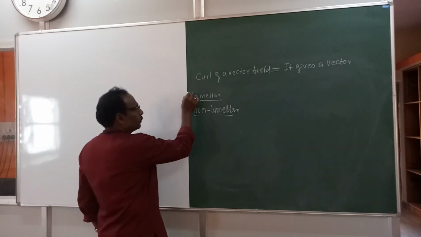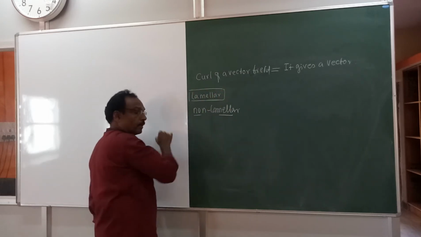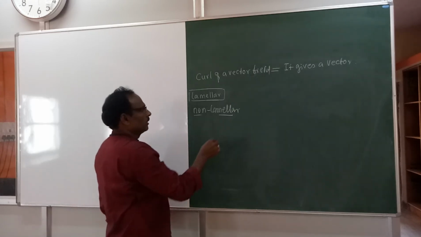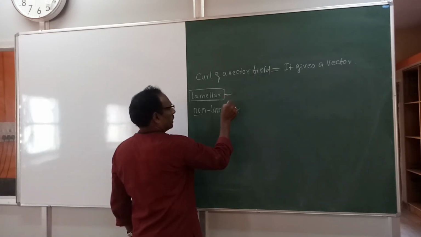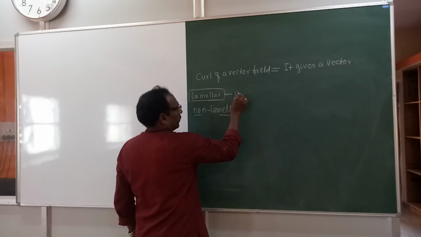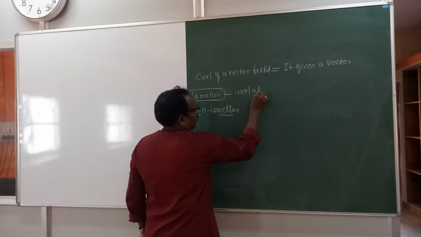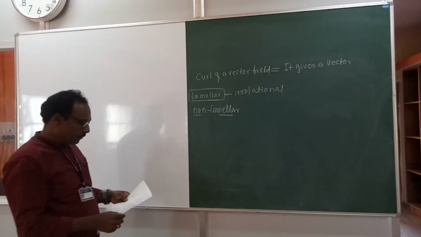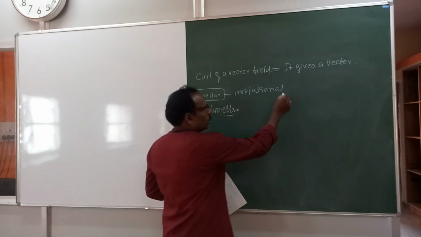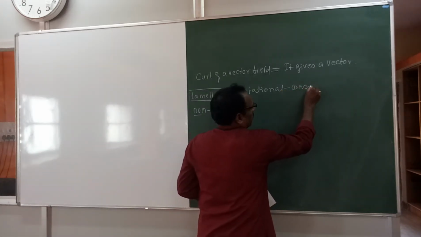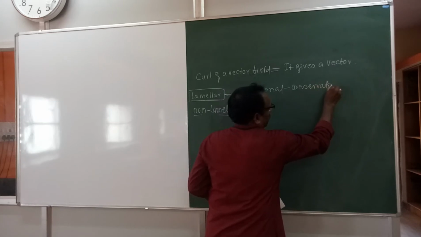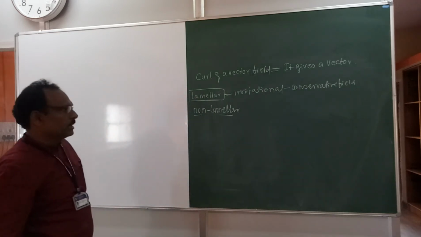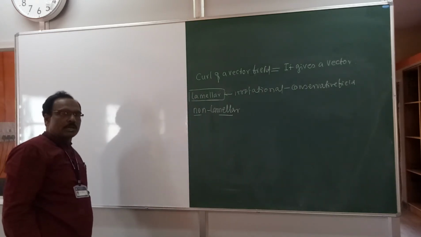If the vector field is irrotational, non-rotating, then it is called a lamellar field, or a conservative field. We need this conservative field.